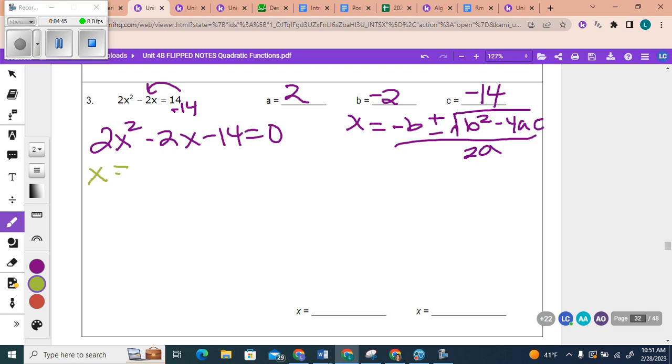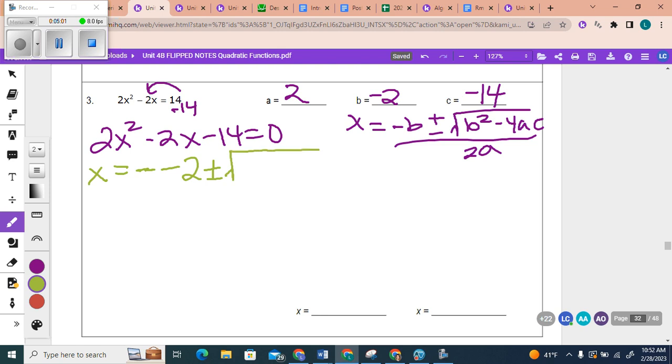So we have x equals -b. I already have a negative from the formula. So I'm going to end up making this positive. If that confuses you, do it right away. You do you.